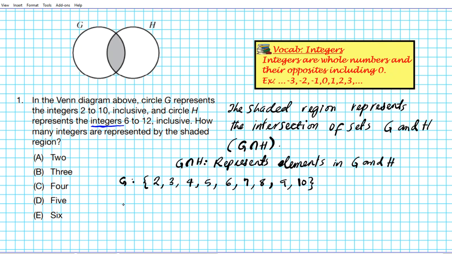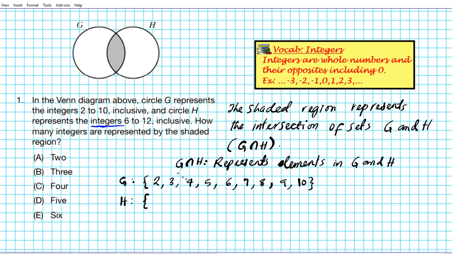Now let's go ahead and list all the elements in set H. When we're listing the elements of set H, we're going to write it in such a way that it's easy to see what the intersection of the two sets is. Well, the elements in set H are the integers from 6 to 12 with the endpoints included.